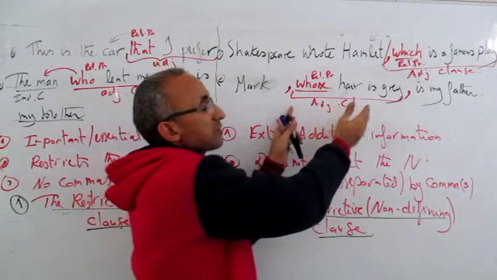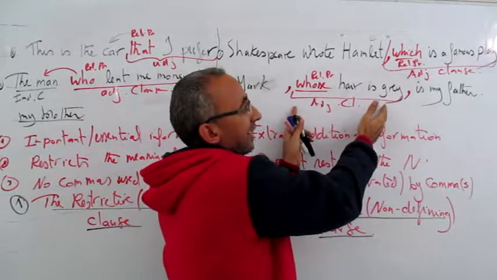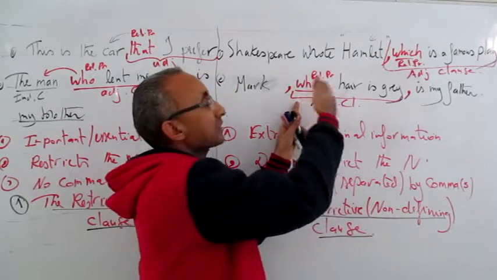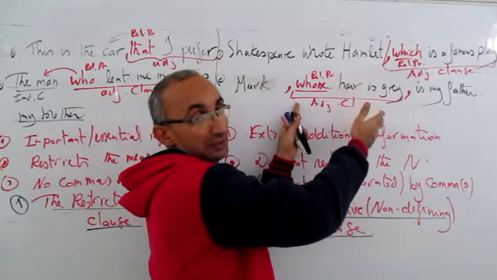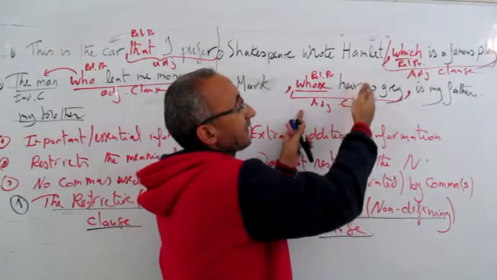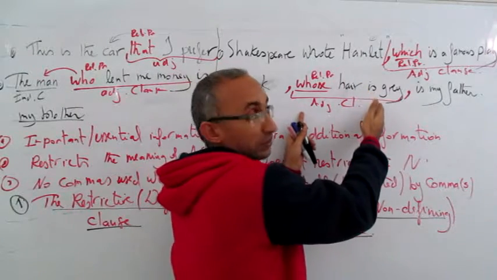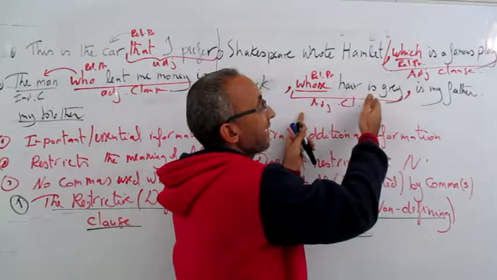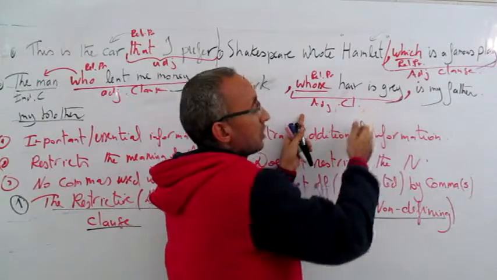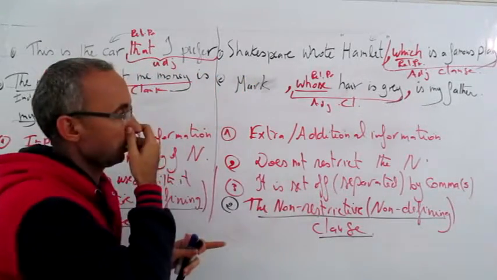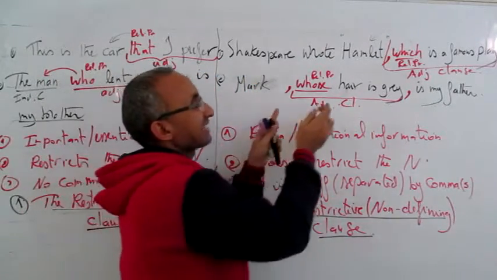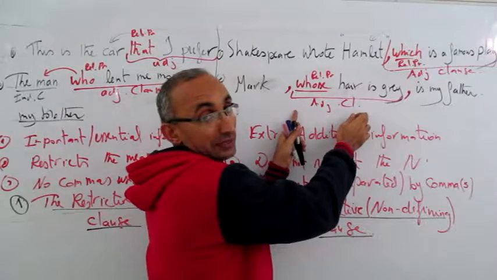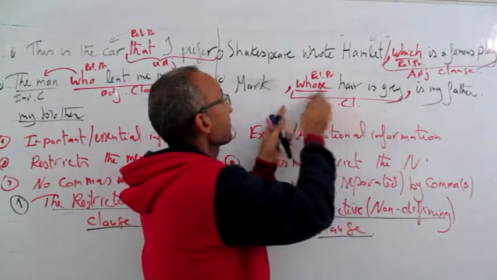Now this clause comes to identify him with extra information, the color of his hair. So this one is giving us extra and additional information. Number one. Number two, it does not restrict the meaning of Mark.